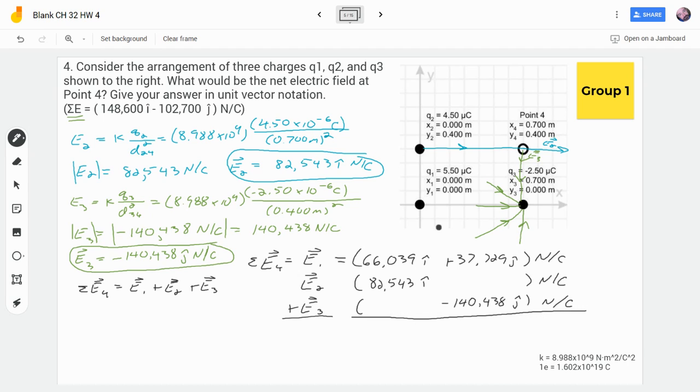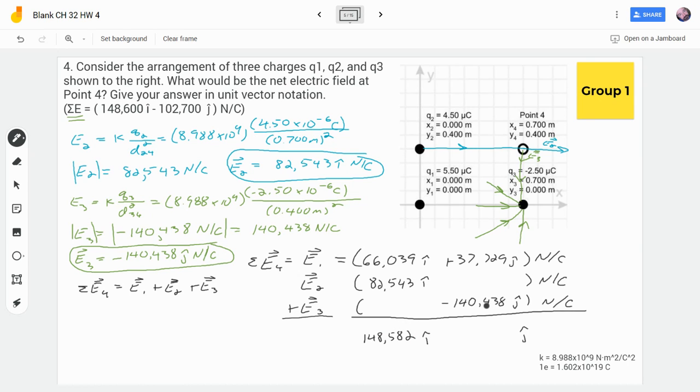So remember, the next thing you're going to do is add up all of your i hat terms and add up all of your j hat terms, and you keep them separate, and you see what you get. So, asking calculator, 66039 plus 82543 means I have 148,582 i hat.